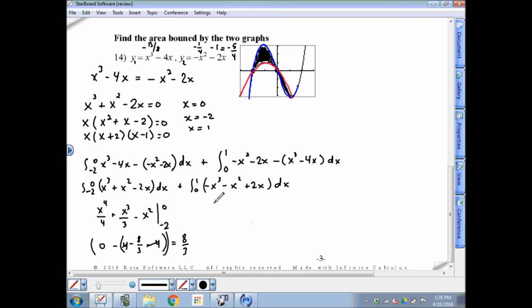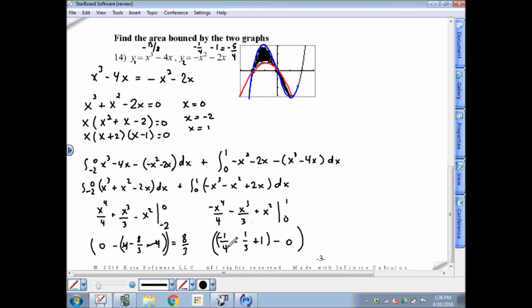Now this one here, this antiderivative is going to be negative x to the 4 over 4 minus x to the third over 3 plus x squared evaluated from 0 to 1. So when we plug 1 into the upper bound, we're going to get negative 1 fourth minus 1 third plus 1. That's the antiderivative at the upper bound, minus the antiderivative at 0, that's just 0.